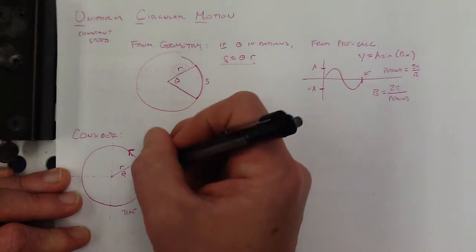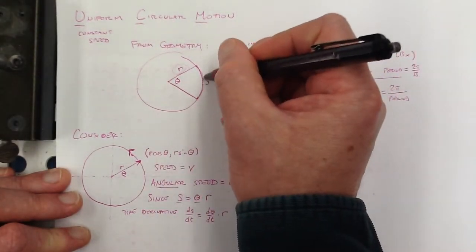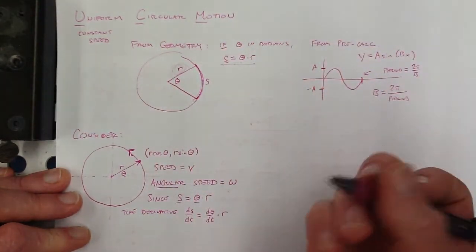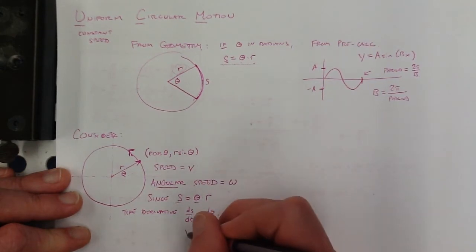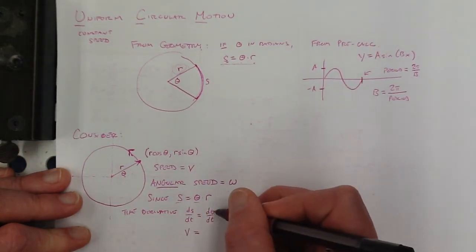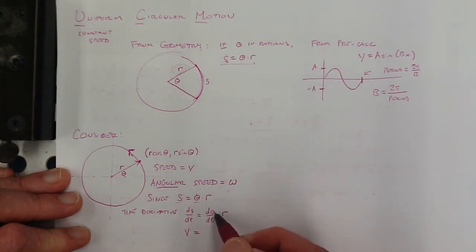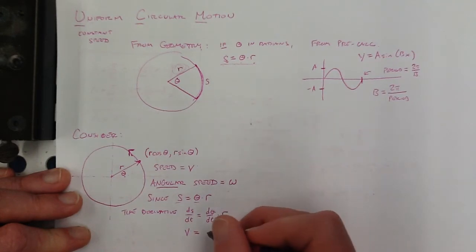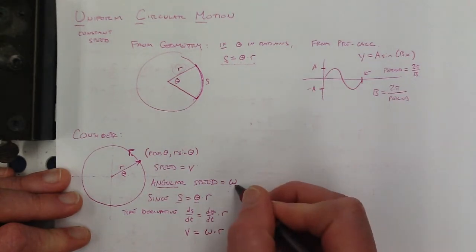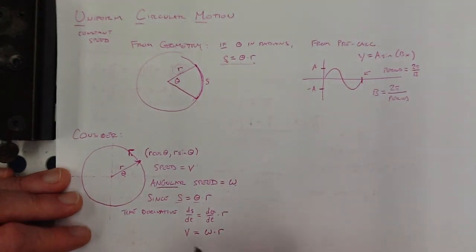But ds/dt, the rate at which this length is changing, that's just the speed, v. And d theta/dt, well, that's the rate that the angle is changing at. By definition, that is omega. So v is equal to omega times r. That makes sense.